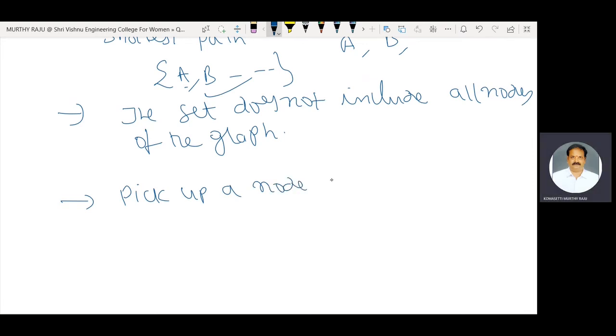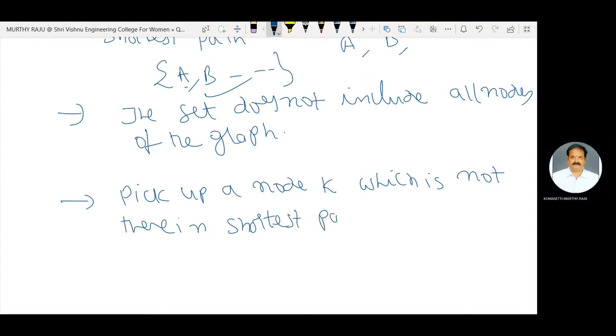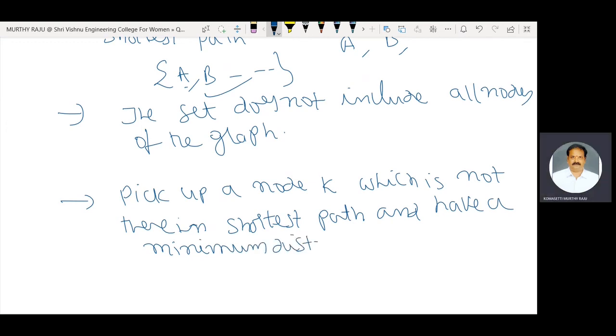Pick a node K, which is initially not there in the shortest path, and which has a minimum distance value.